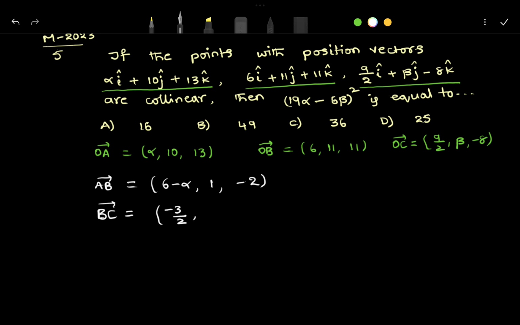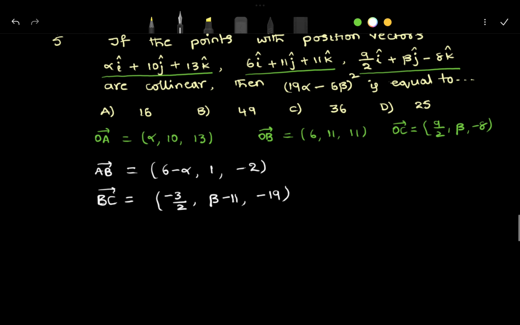Next, beta minus 11, and next, minus 8 minus 11 is minus 19. So take the first one as A1 I cap plus A2 j cap plus A3 k cap, and the second as B1 I cap plus B2 j cap plus B3 k cap.